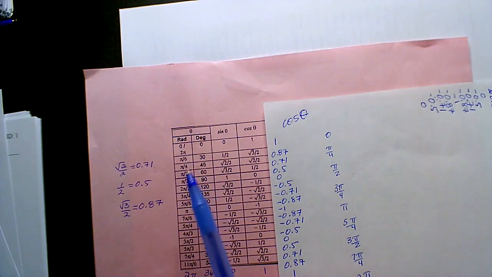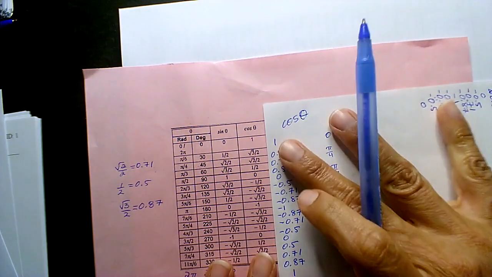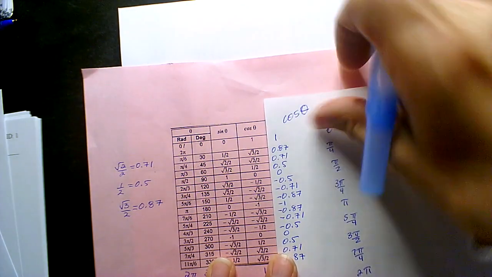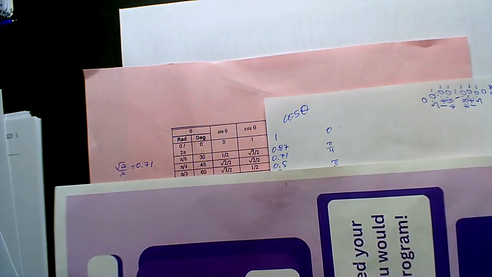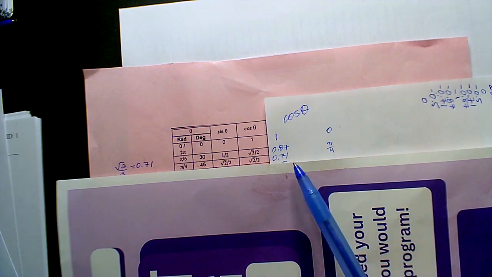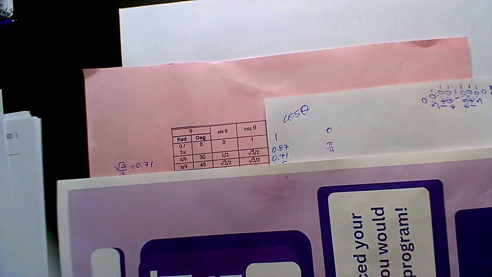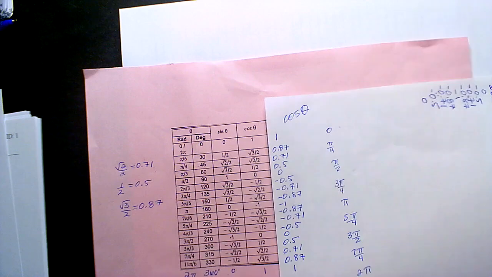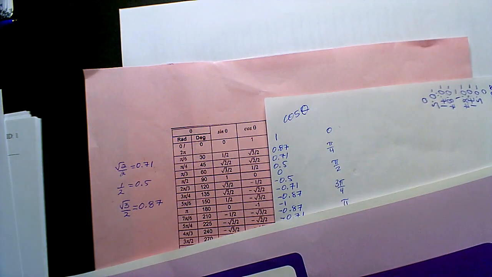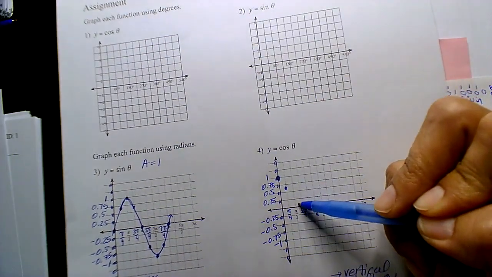Pi over 4 is root 2 over 2, which is 0.71. So here we should use this. Right, so pi over 4 is at 0.71. And so that's right here. Look, it's been grabbed by so many people with our dirty little fingers. That's gross. Okay, next is pi over 2.